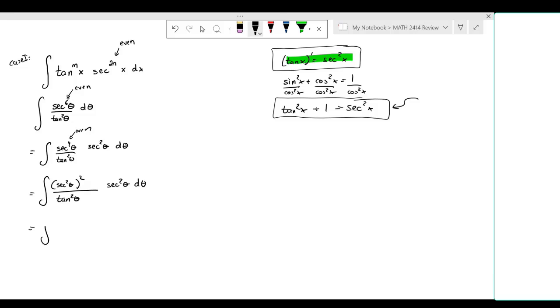Okay, and then apply the Pythagorean trig identity where secant squared is tangent squared plus 1. And so we're just prepping this for a substitution where we see tangent and we see the derivative of tangent in secant squared. So that's u sub.